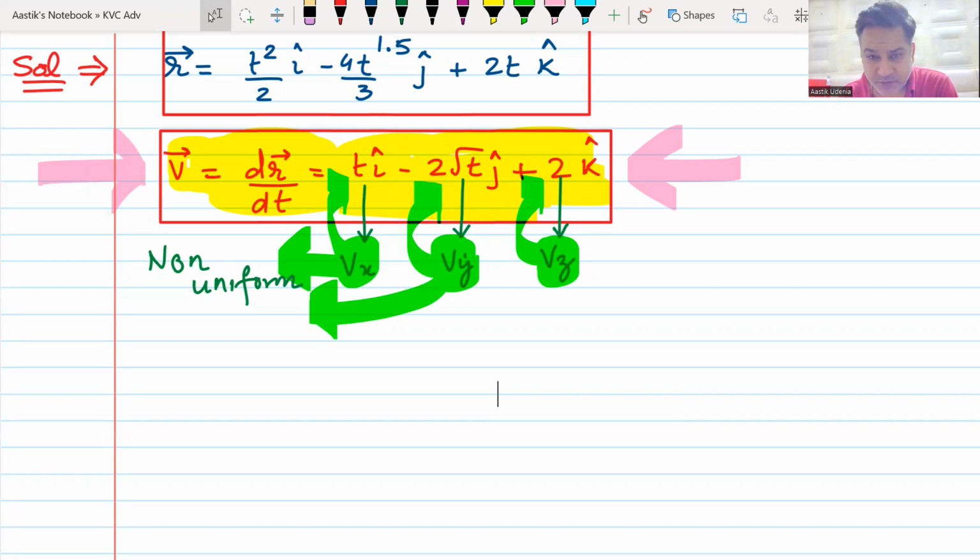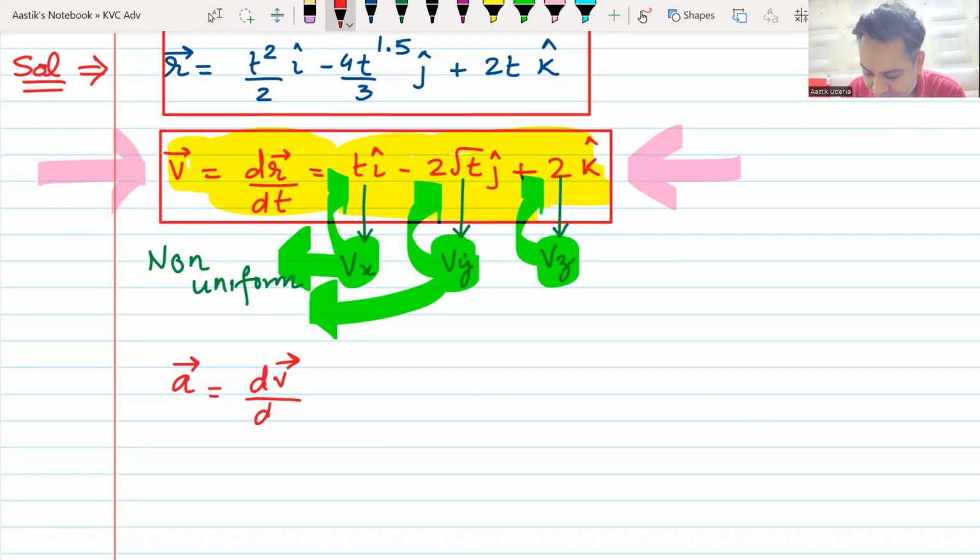If the velocity is uniform, then we have acceleration. Is that so? What does acceleration do? Okay. Let us differentiate this velocity.